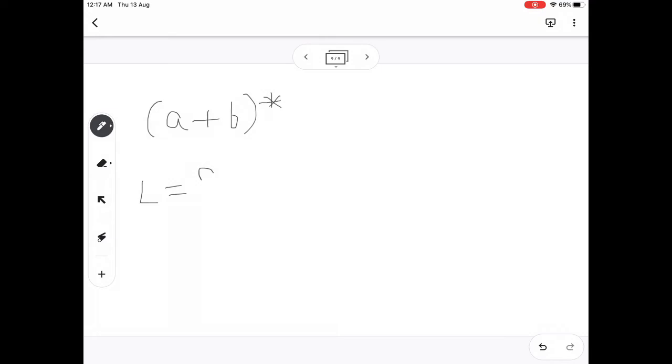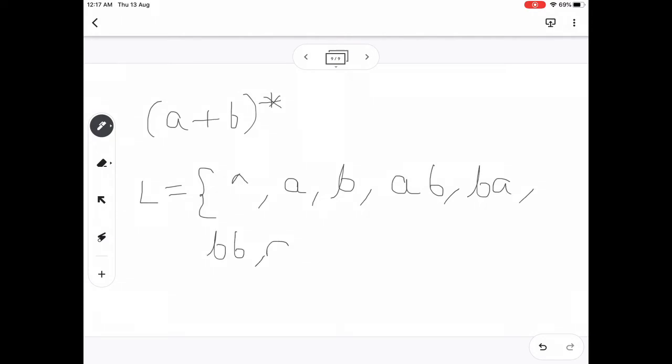L is equal to, first of all, as it is closure, it can contain empty, then any combinations of A and B. So what can it be? It can be a single A, a single B, AB, BA, BB, AA, triple A, triple B, BAB, and so on. So any combination. So if you want to mathematically represent it, what does this mean?